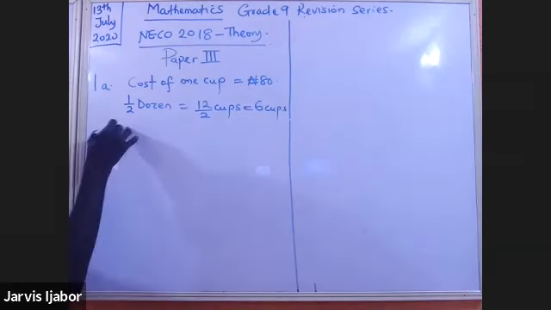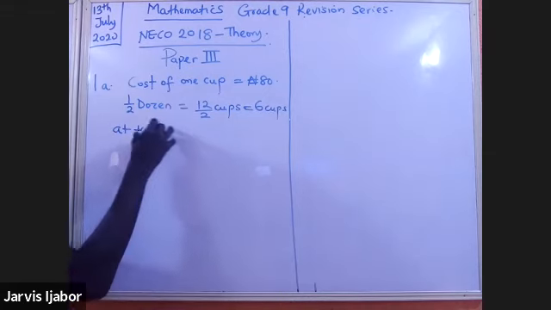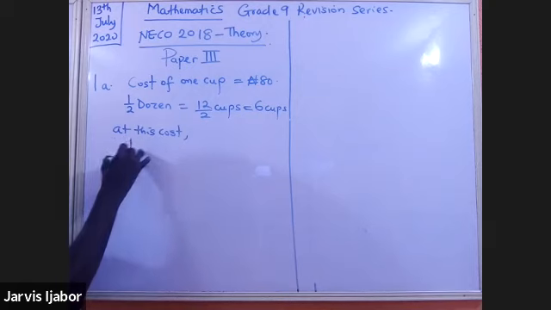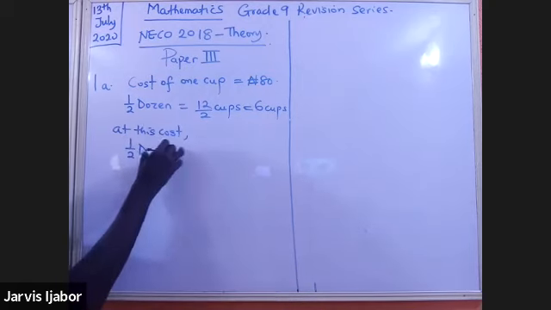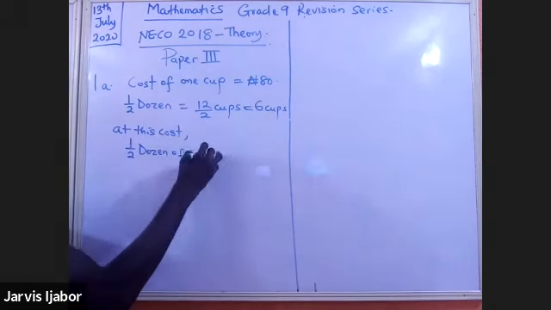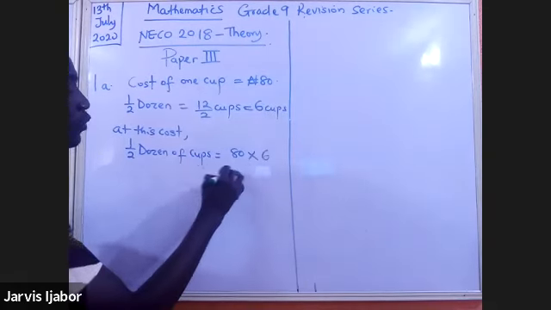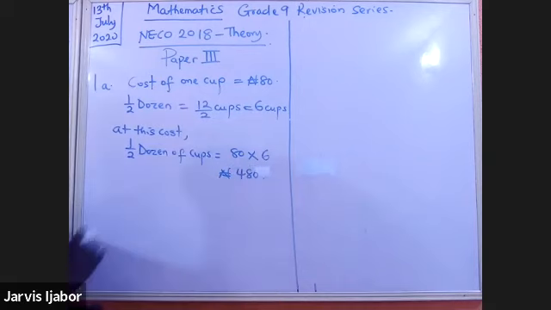Now, at this cost, half dozen of cups will be 80 times 6, and that'll be 480 naira.